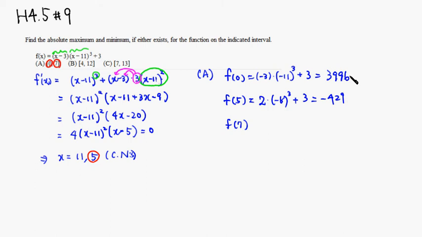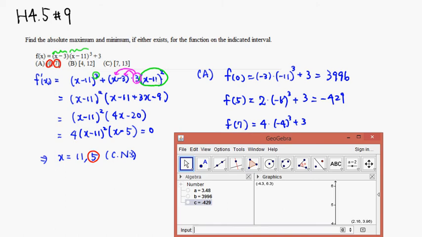And for 7, if you plug in 7, that would be 4 times 7 minus 11, which is negative 4 cubed, plus 3. So it's 4 times negative 4 cubed plus 3, which is negative 253.